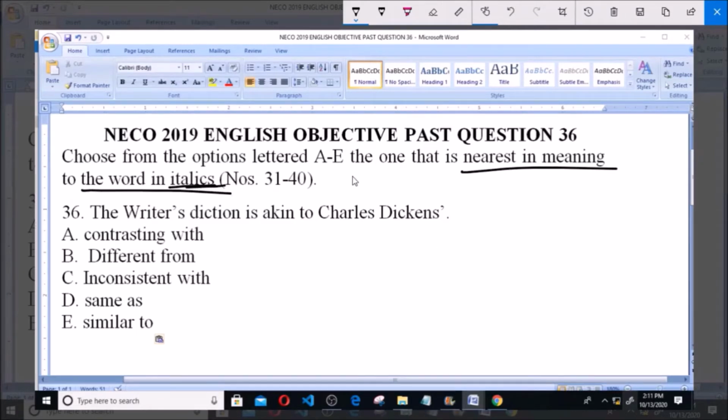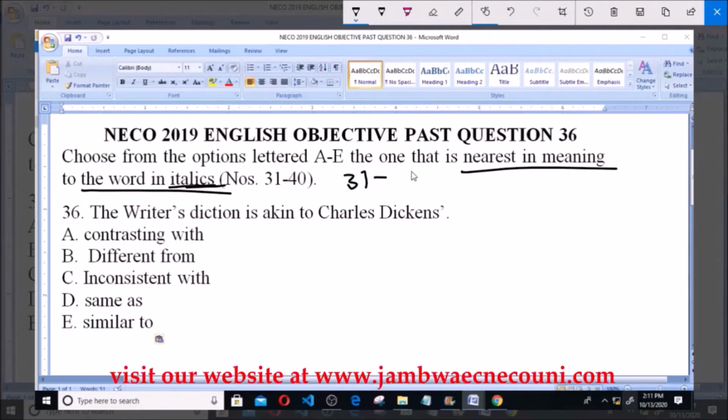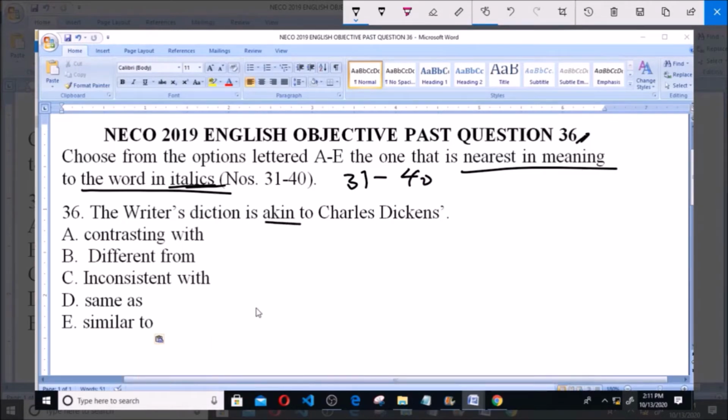This instruction is to answer questions 31 to 40, and this is question number 36, and the word in italics is akin, although some people pronounce it as arcane. The statement says the writer's diction is akin to Charles Dickens's.